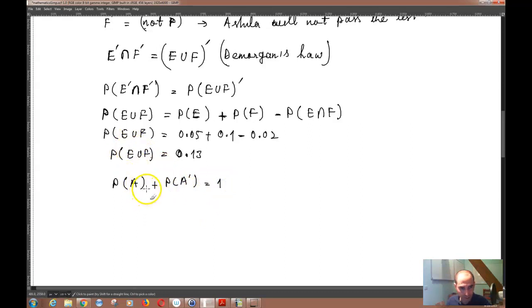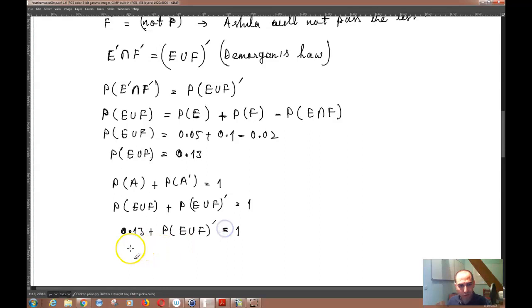So P of E union F plus P of E union F whole prime is equal to 1, which means 0.13 plus P of E union F whole prime is equal to 1, so P of E union F whole prime is equal to 1 minus 0.13, which is the same thing as 0.87.